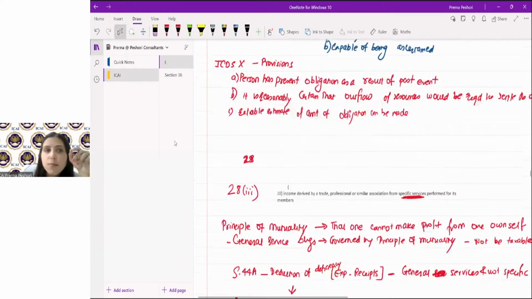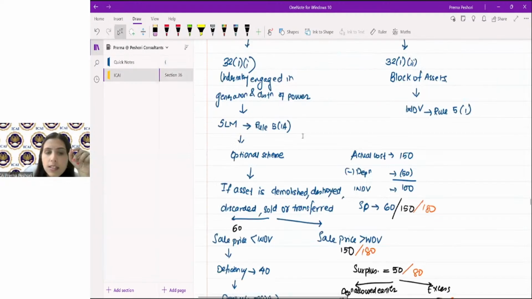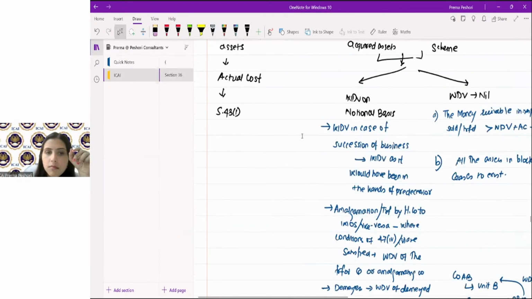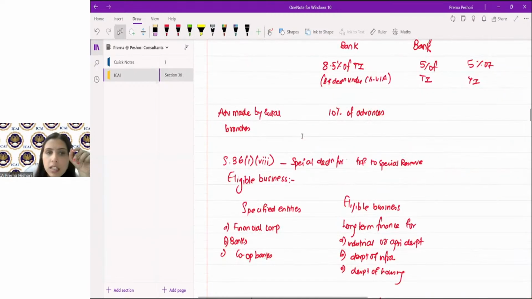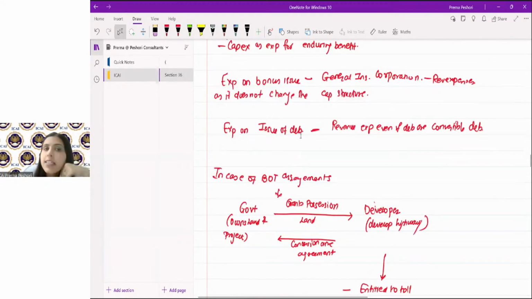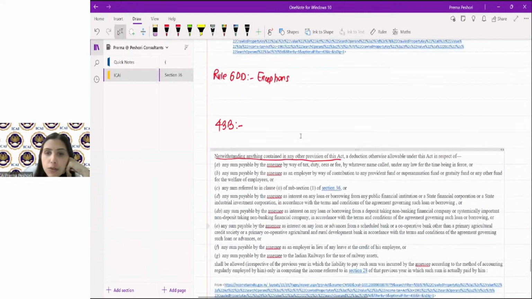So now if you see section 43B, what does it say? Section 43B is saying, notwithstanding anything contained in any other provision of this Act, meaning it overrides section 28, a deduction otherwise allowable under this Act in respect of any sum payable by the assessee by way of tax, duty, cess, fee, right? Sum payable by the assessee as an employer by way of contribution to any provident fund or superannuation fund or gratuity fund.